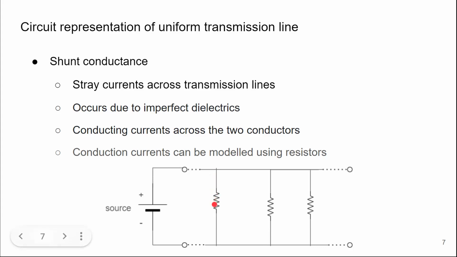So therefore, we first introduce a resistor to the transmission line circuit, right? So once we take any point in the transmission line, we can denote this resistor at that point. Likewise, we consider a certain cross section of the uniform transmission line, and we denote the circuit component for that specific cross section of the transmission line. So first, we denoted the stray currents using the resistor.